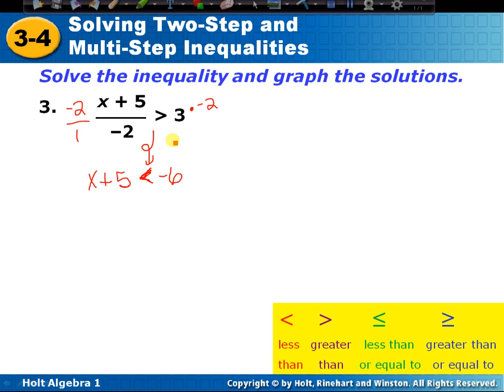And it now says that x plus 5 is less than negative 6. Now I have to subtract 5 on both sides, which gives me x is less than negative 11. I have solved. Now I must set.